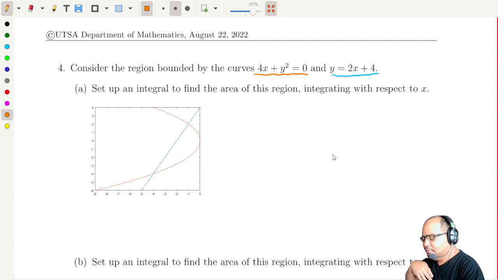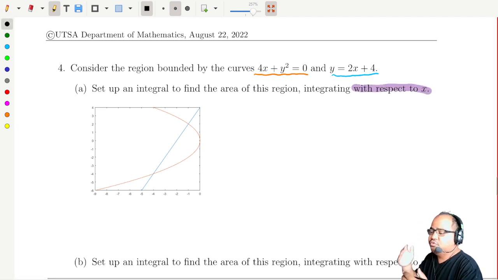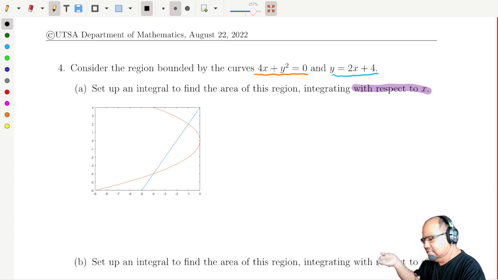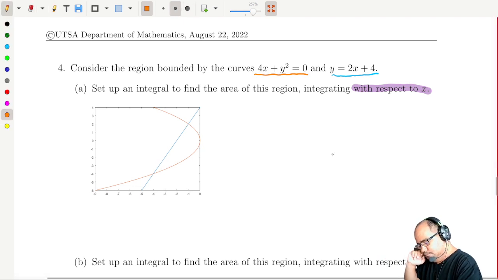So we want to set up an integral here, but this time we're going to first integrate with respect to x. What that means is we should have an integral of some function dx. But how do we do that? Let's go ahead and first consider our region here, in the magenta.